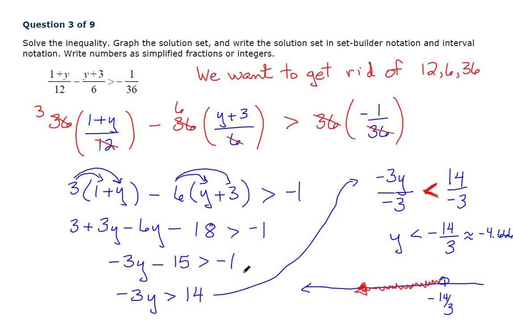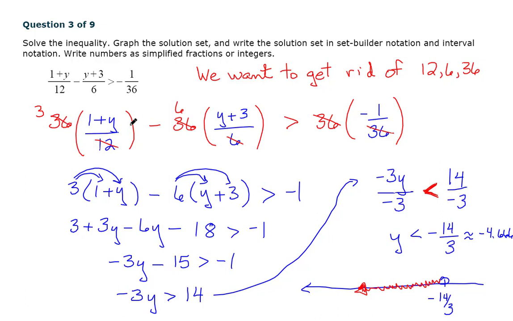All right, question 3. We have all of these terrible fractions. I'd like to get rid of the 12, the 6, and the 36. So I need something to multiply by that all of them would go into. Well, 36 goes into all of them.